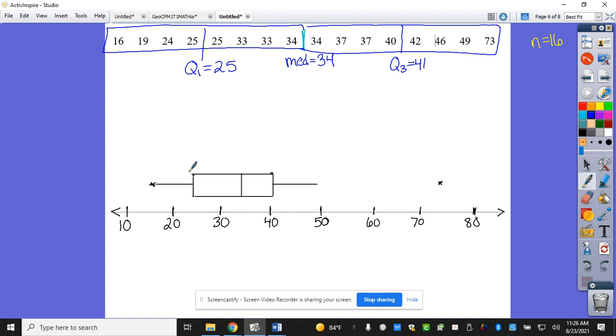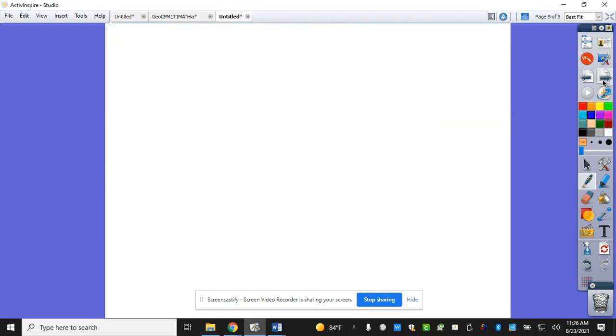In each section, what do I know about each section? 25%.